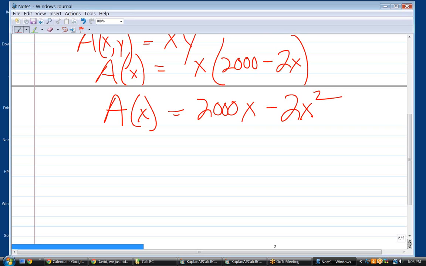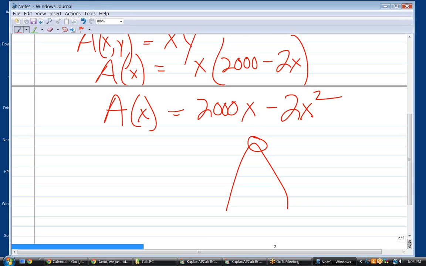We want to take the derivative. In other words, what we're looking at is a quadratic, so it's going to look something like that. We want to find that point right there. Where on the x-axis is the vertex of that thing?